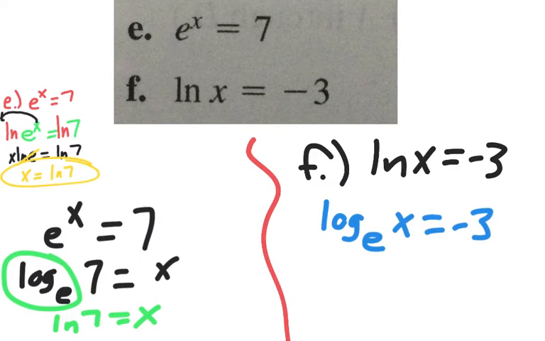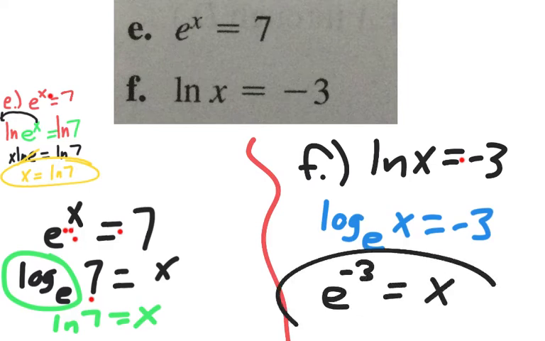We're kind of doing the opposite from what we did on e. On e, we took an exponential form and rewrote it in logarithmic. Now we're taking something in logarithmic form and rewriting it in exponential form. So it's the base raised to the answer equals the argument, which in this case is x. So now I've got an x by itself. All right, that's my end goal. So that one is probably the hardest one we've had yet.